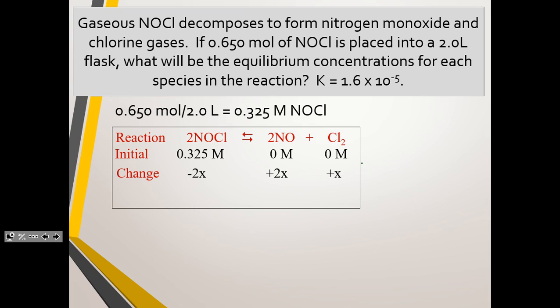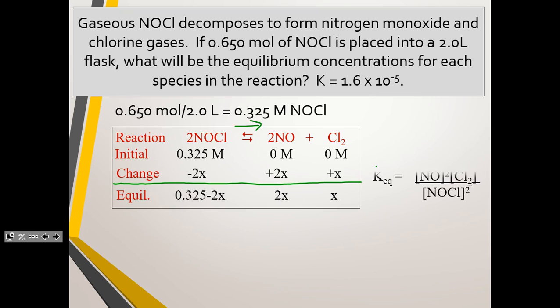The changes will be as follows. Reaction must proceed in the forward direction so that we get a negative 2x for NOCl, positive 2x for NO, and positive x for Cl2. The equilibrium positions are here: 0.325 minus 2x, 2x, and x.